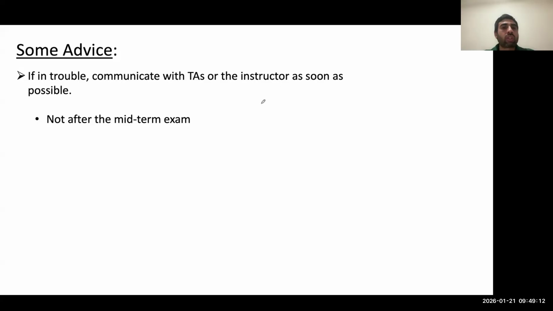During the course, if you have any trouble or you are unable to understand any topic or are facing some difficulty in performing the lab work, communicate with the TA or the instructor as soon as possible. Do not postpone your issues or your questions towards the end of the semester.